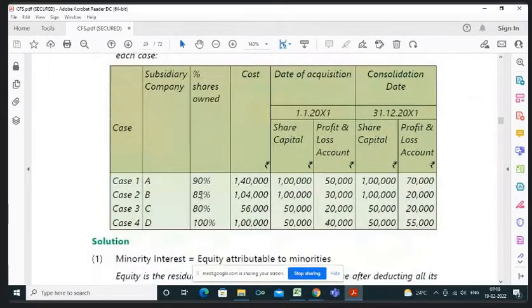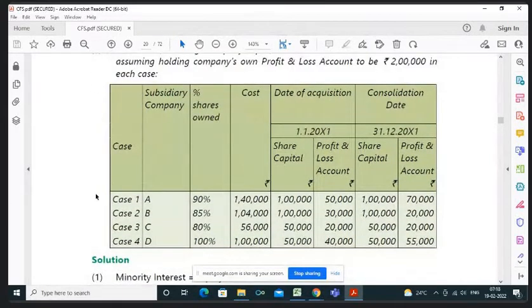So they have given a table where there are 4 cases and subsidiary companies given as A, B, C, D. Percentage shares owned by the holding company is 90, 85, 80 and 100%. And cost of investment is 1,40,000, 1,04,000, 56,000 and 1 lakh.